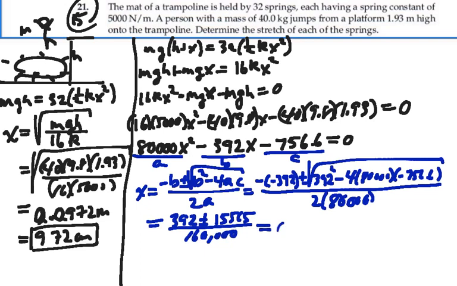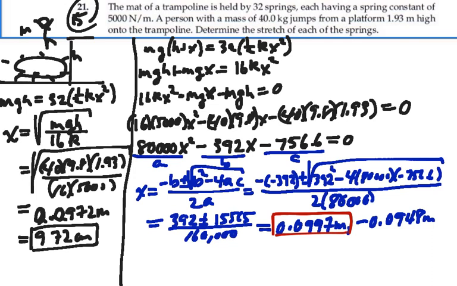I get 0.0997 meters. And if I subtract it, I get a negative 0.0948 meters. I'm going to choose the positive value since we're assuming that it's going down as a result of the person hitting the trampoline.